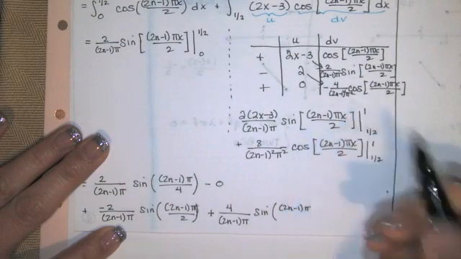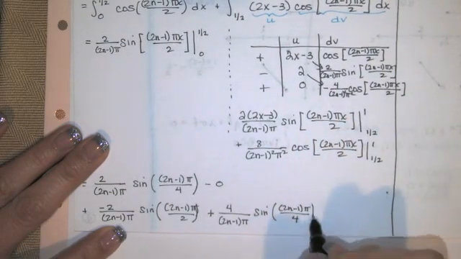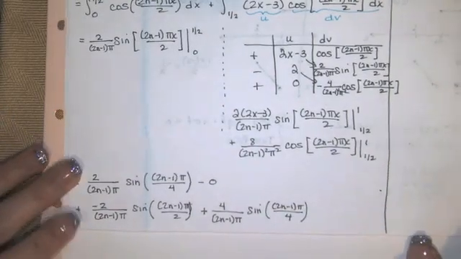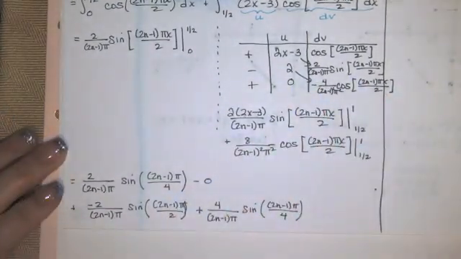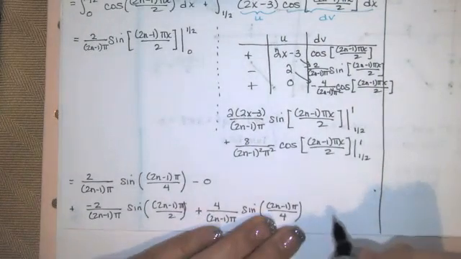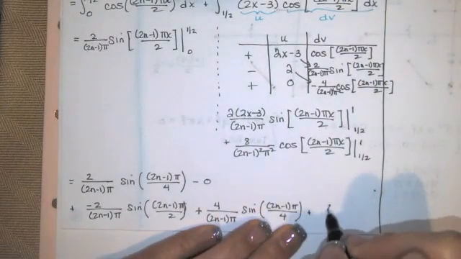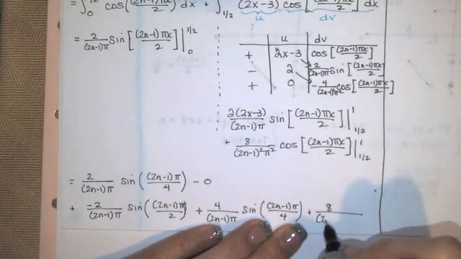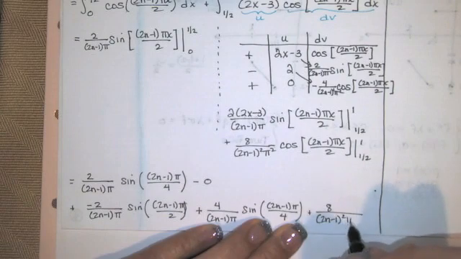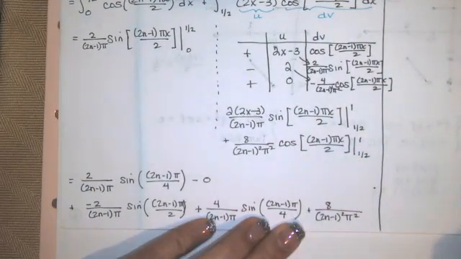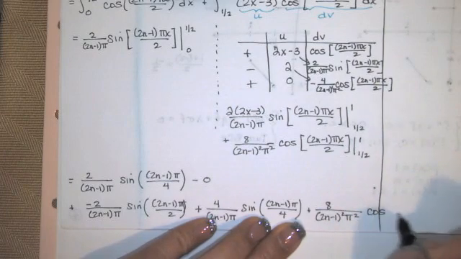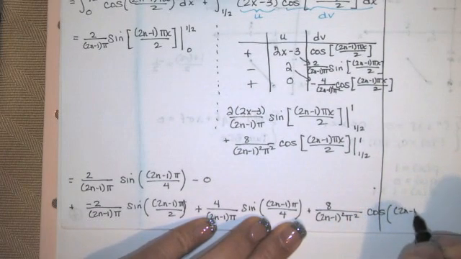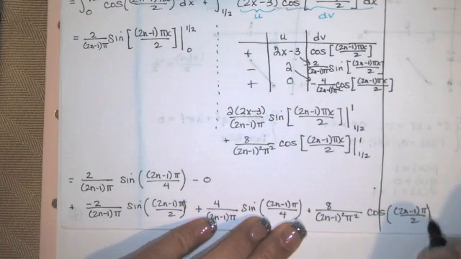And we have a 2 here and a 1/2 there, so that'll be pi over 4 there. Okay, we still have to evaluate this expression involving the cosines. So we'll have 8 over this constant. When x equals 1, we've got cosine of 2n minus 1 times pi over 2.